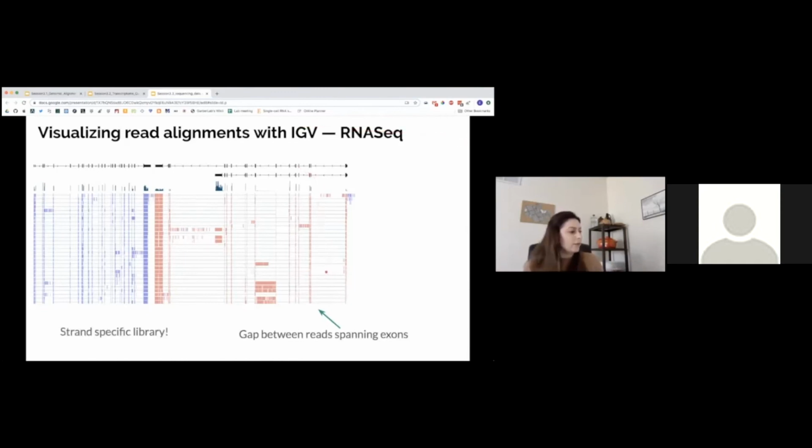Another thing you can see is that this RNA-seq library is a strand-specific library. So you actually know which strand in the genome your reads originated from, and that is according to the orientation of the gene that originated the transcript to begin with.